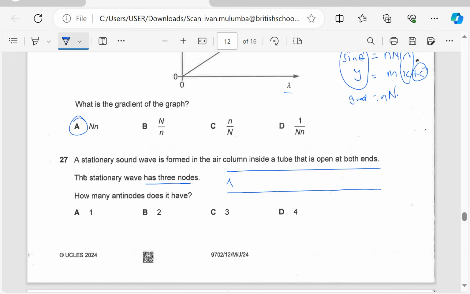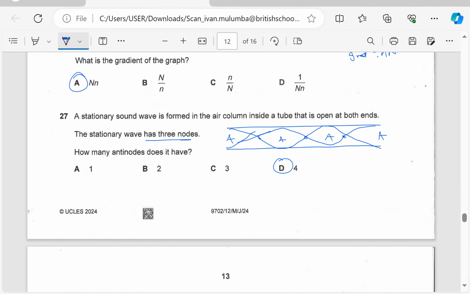So of course we expect an antinode here and an antinode here. So let's say 1, 2, 3 nodes. If you were to sketch this, you have 1, 2, 3, 4 antinodes. So the answer here is automatically 4.